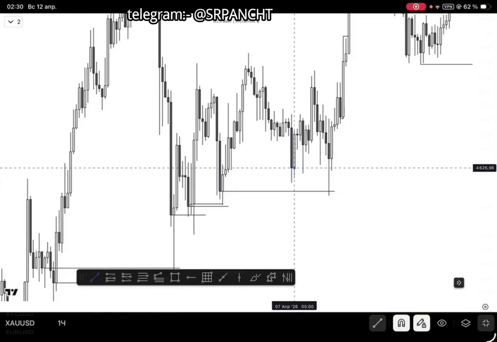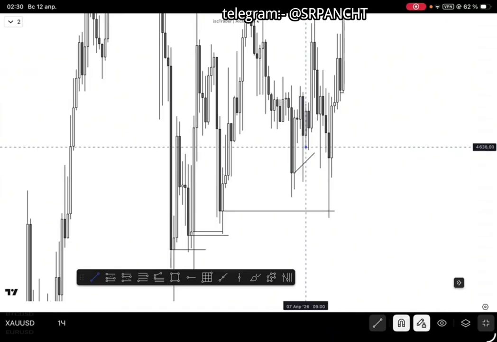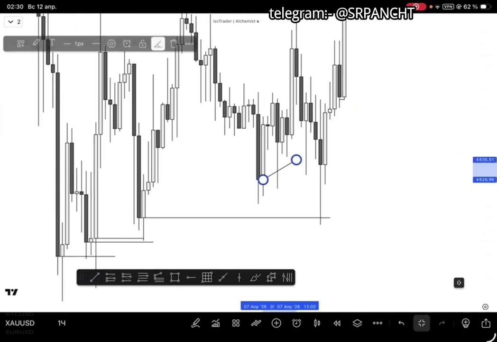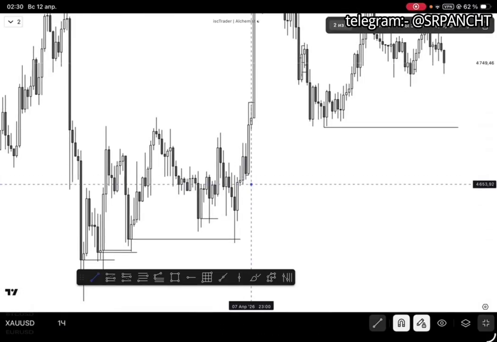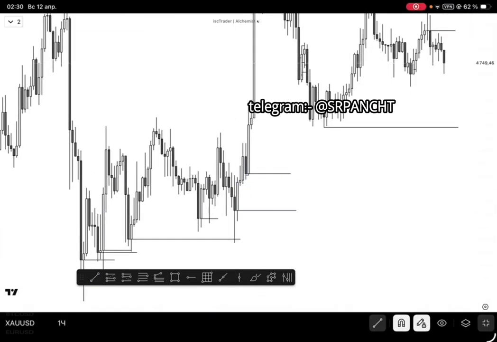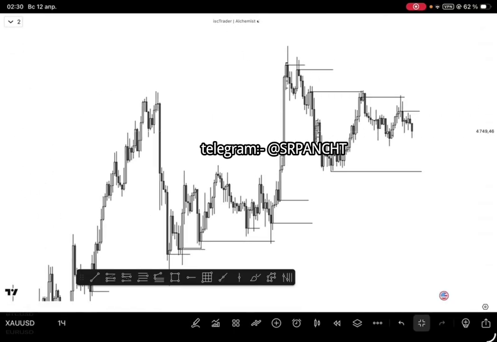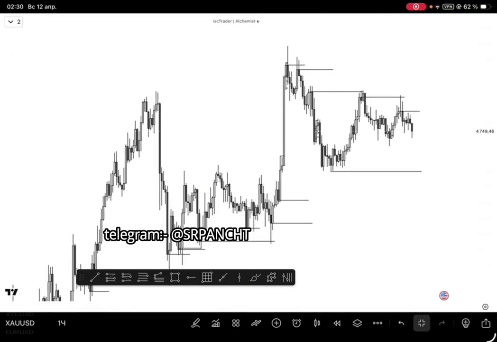There's also support in these areas. Support zone. Meaning there are very, very many support resistance zones in the market.